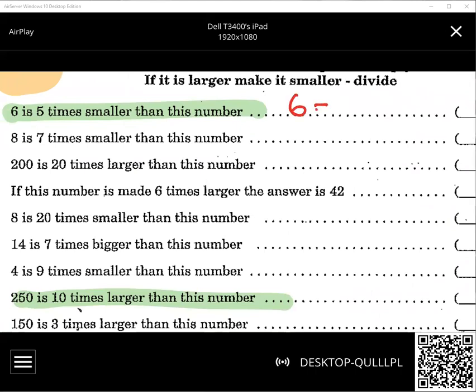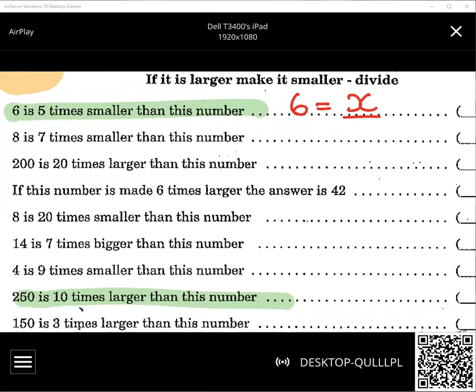6 is 5 times smaller than this number. So here's the number. How do I make this number 5 times smaller? You divide by 5. Beautiful. Even though it says times, and you think times means multiply, it doesn't mean multiply. Times smaller means actually divide.